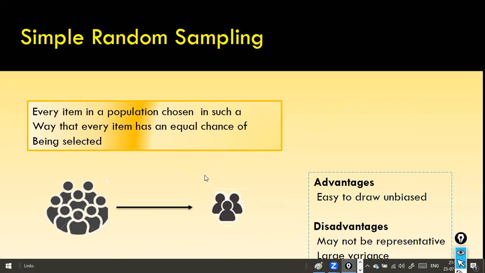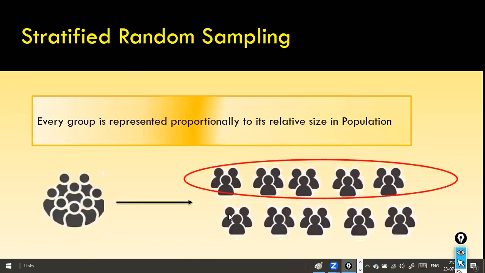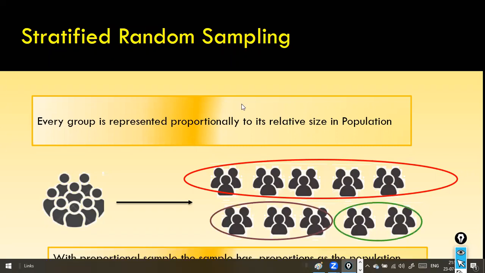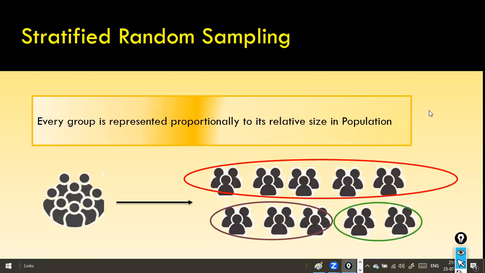There could be a chance you might miss out some specific segments of data while sampling. So you tell me which one is good. Most of the time, stratified random sampling is the one we do; this is the advised one. And in situations where you don't have access to all the groups, then you have to go for SRS, simple random sampling.